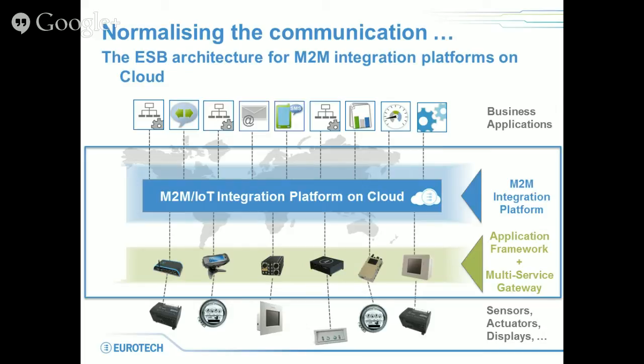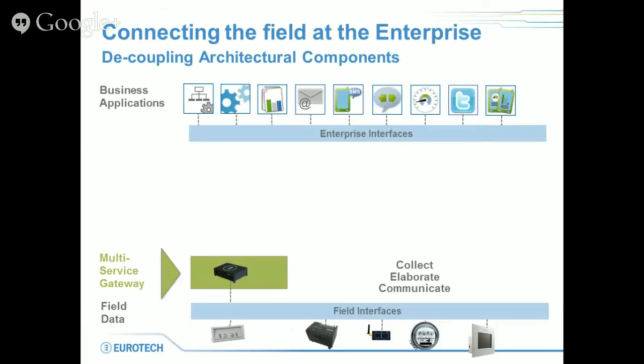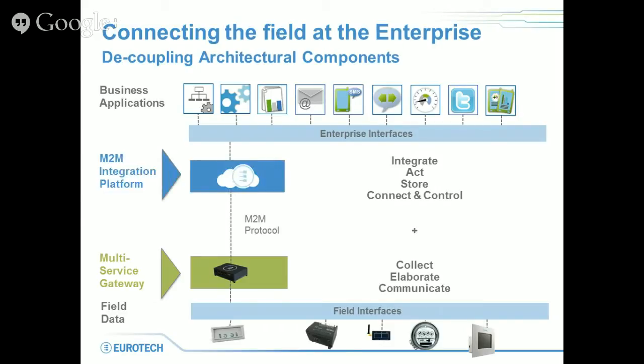In the communication from the field to the business application, we see that once we collect the data from the multi-service gateway, then we have to integrate, act, store, connect, and control this communication. And this is not done by the gateway, so not in the field. This is done by the server platform.